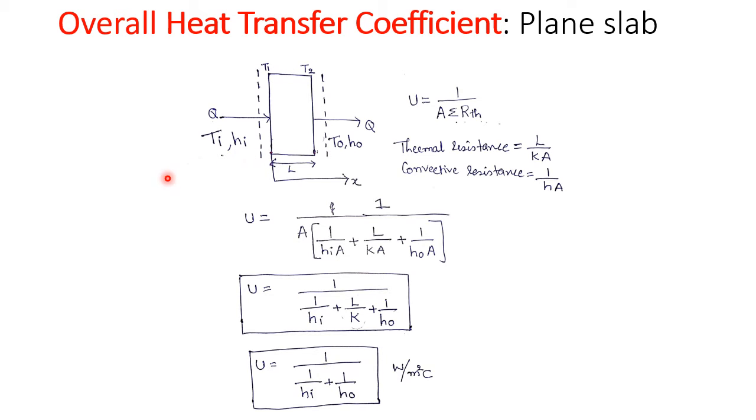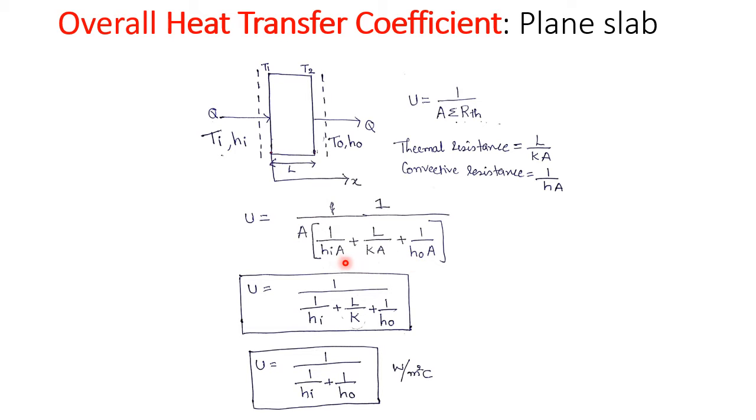If we consider this as the inside surface and this as the outside surface, then plus the conduction thermal resistance L divided by K into A, plus 1 divided by H naught into A, where H naught indicates the convective heat transfer coefficient at the outside surface.